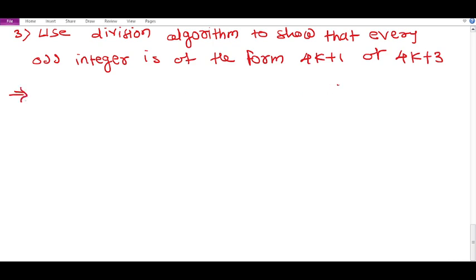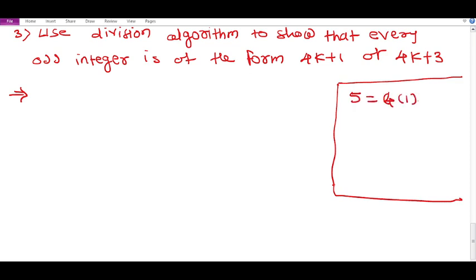So here we can take an odd integer, say 5, which can be written as 4 times 1 plus 1, and 7 can be written as 4 into 1 plus 3.